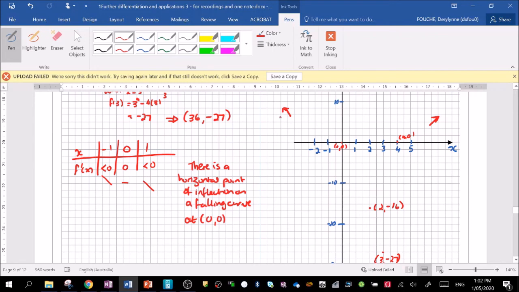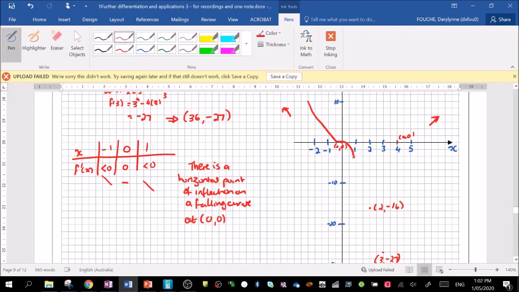So now what we're going to be doing is we are expecting a point of inflection happening here. So I've got a falling curve and I have a point of inflection. And then I need to go through that other point of inflection. Okay.